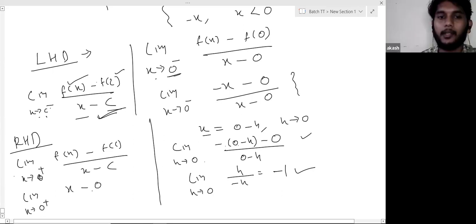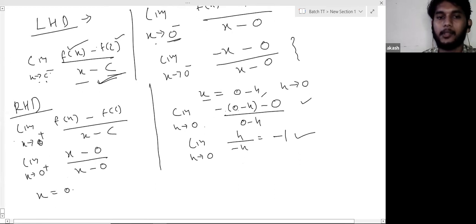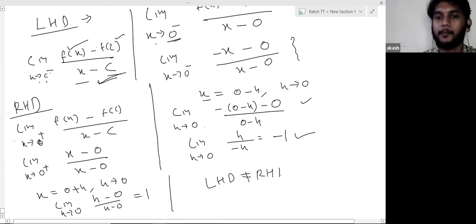Everything else will remain the same, x minus 0. So we can put x equals 0 plus h, h tending to 0. So the limit becomes limit h tending to 0, h minus 0 upon h minus 0, which is 1. So we can clearly see LHD is not equal to RHD. So the function is not differentiable at x equals 0.